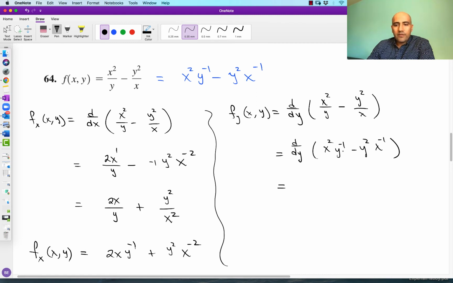And so the derivative with respect to y, we bring down the minus 1, subtract 1, so that becomes minus x squared y to the minus 2, and minus 2y to the power of 1 x to the minus 1, which then becomes negative x squared over y to the second power minus 2y over x. Either one.